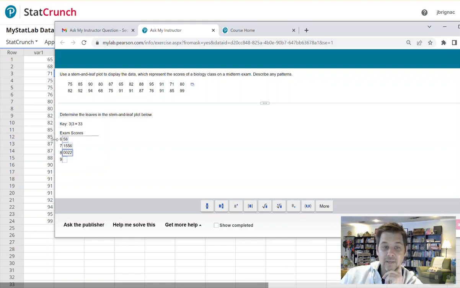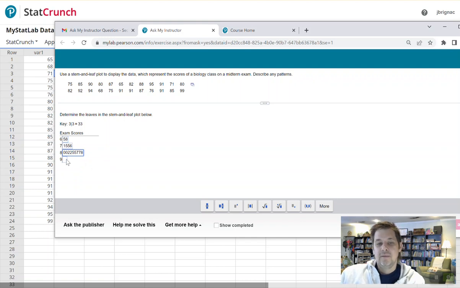I've got two 85s, two 87s, and an 88. Now notice I'm doing this in an orderly way. I need to build this thing up from least to greatest. So it's 6, 5, 6, 8, 7, 1, 7, 5, 7, 5, 7, 6. If I mix all these up, then we lose the organization of it.